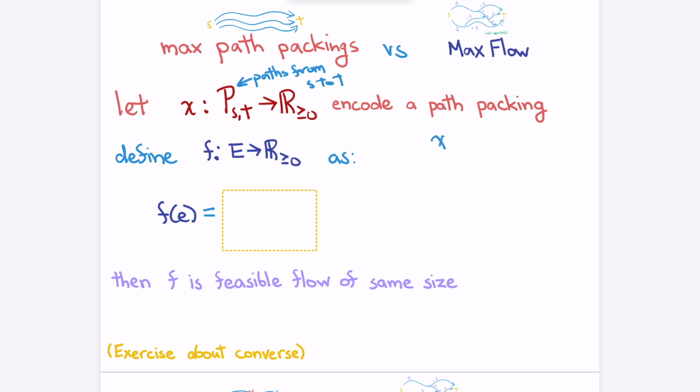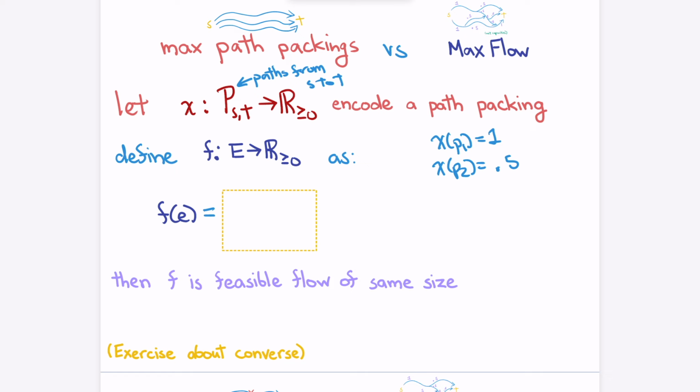So I might say like, oh, this first path, I'm going to take one of them, and the second path, I'm going to take half of them, or whatever. Okay, but still subject to capacity constraints. The total amount of path using some edge is at most the capacity of the edge. Okay, so that'll be a fractional path packing.